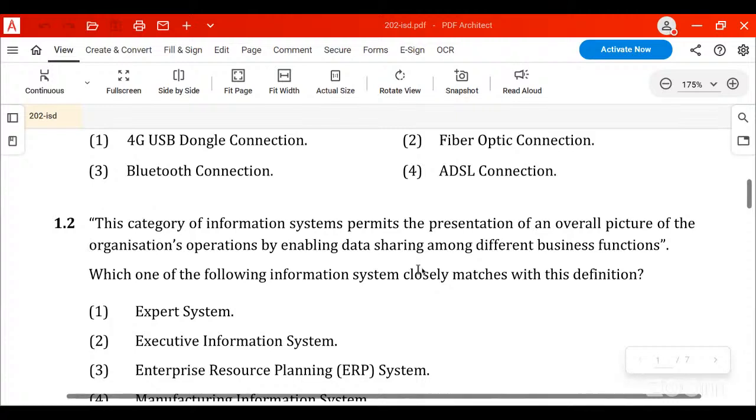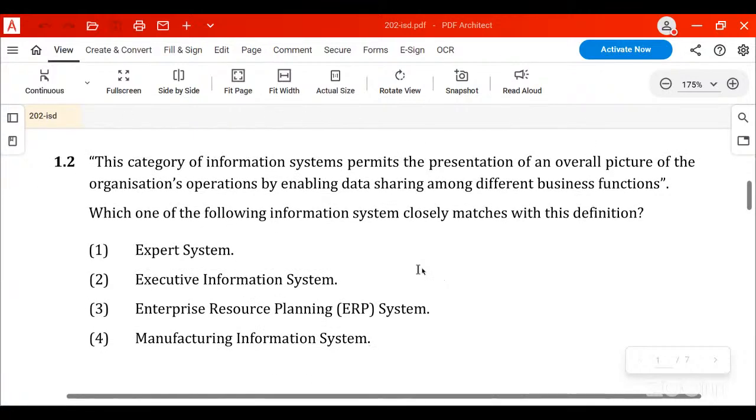Expert system is not a system that covers the business operations. That is a system with expert knowledge, support for decision making. Executive information system is an information system totally dedicated to top level management. Enterprise resource planning system is the correct answer.